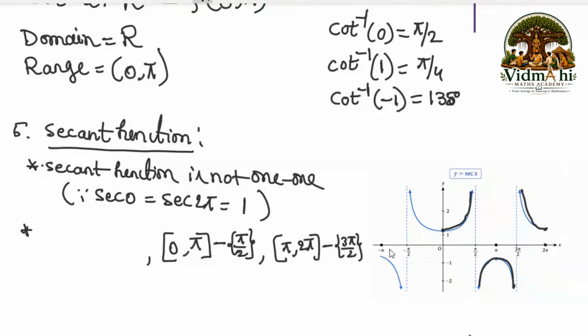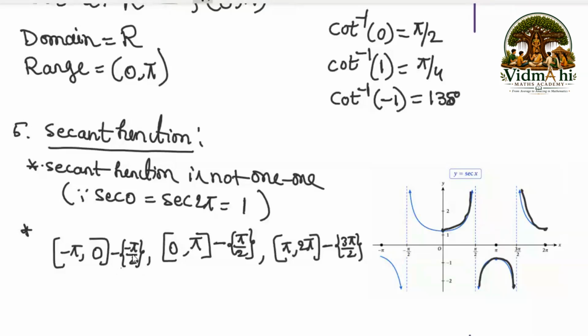Similarly, if you observe minus pi to 0, observe here from here to here and here. In these two the function is one-one. That means minus pi comma 0 except minus pi by 2, except minus pi by 2.